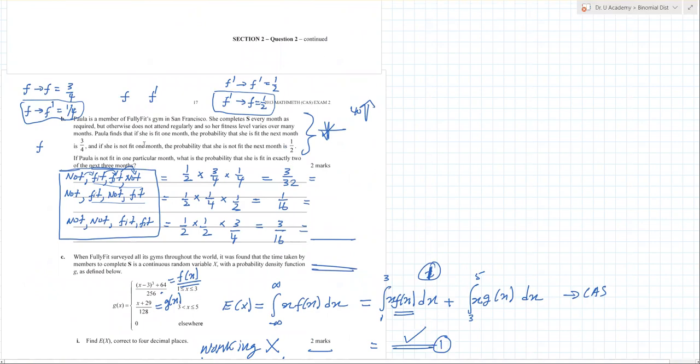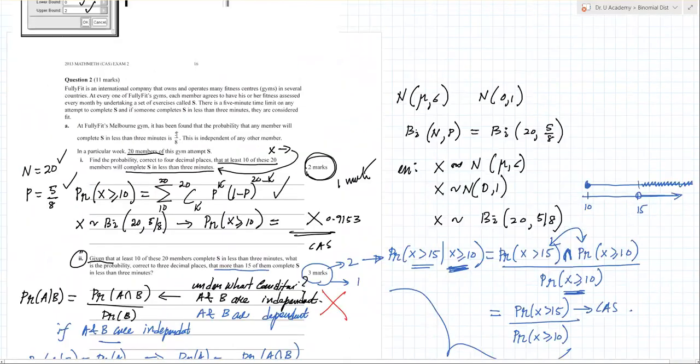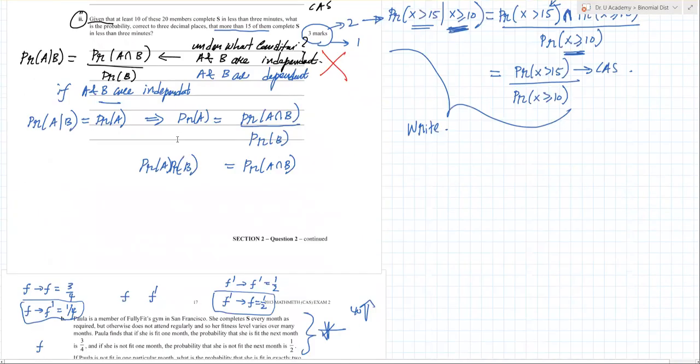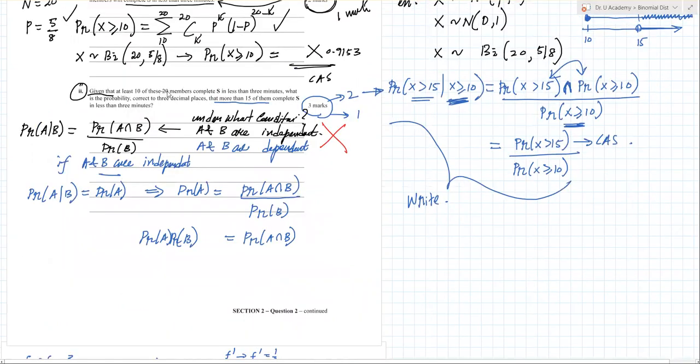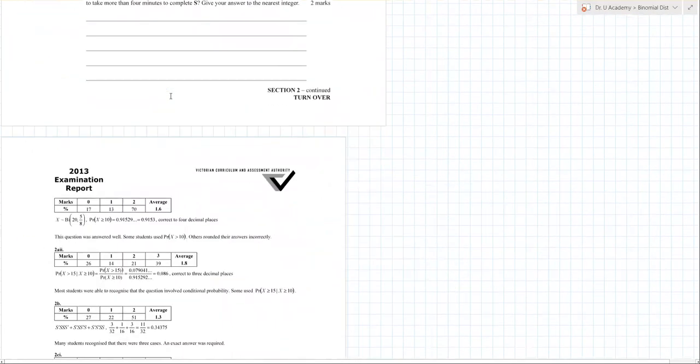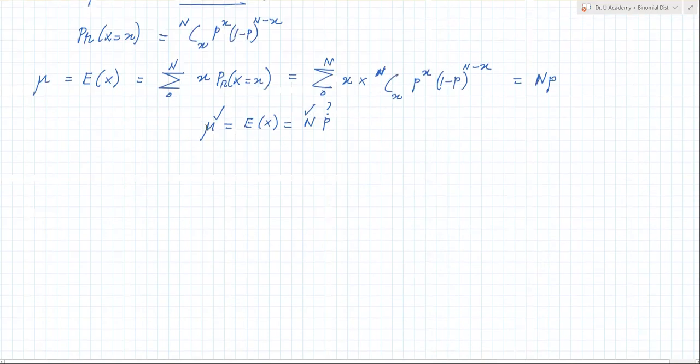The p value is directly given to you. Here also see 5 divided by 8. Here n is given to you, 20. But there are questions where they will give you n and mu value. That's the clue to find p. Then you can find 1 minus p, and you can do the question from there onwards. So that's the purpose of that bit.